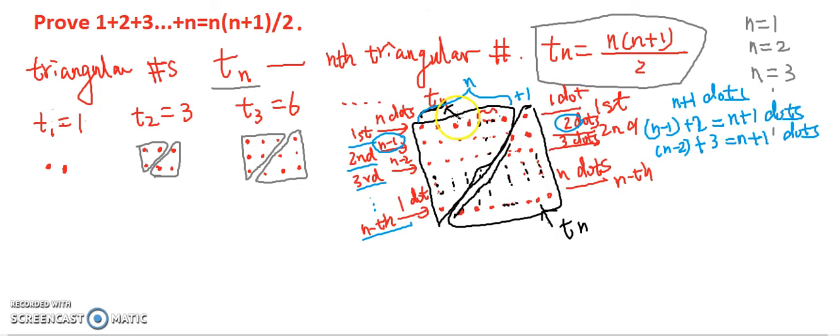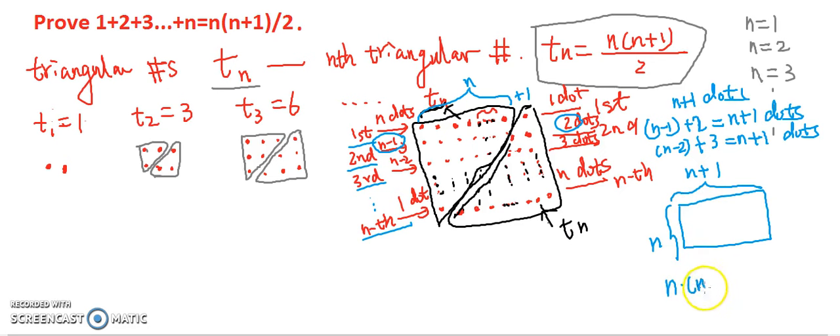So this shape, consisting of these two triangles, has n plus 1 columns and n rows. If we draw a rectangle to represent it, the length is n plus 1 and the width is n. How do you find the area, which represents the number of dots in here? That should be n times n plus 1.